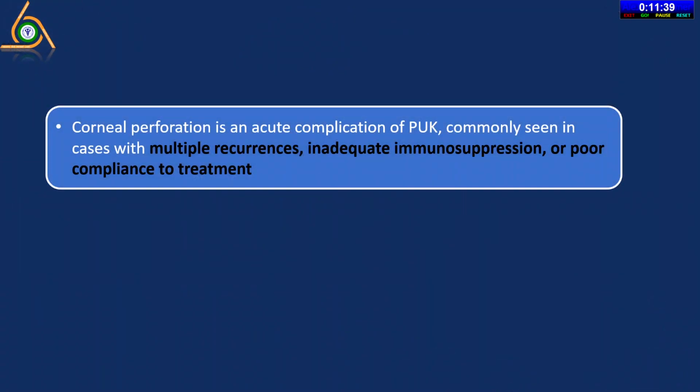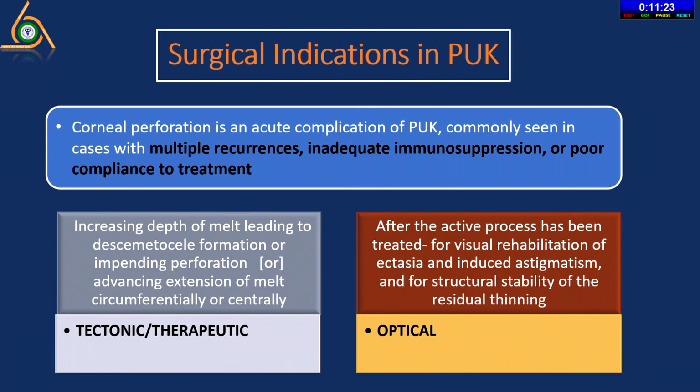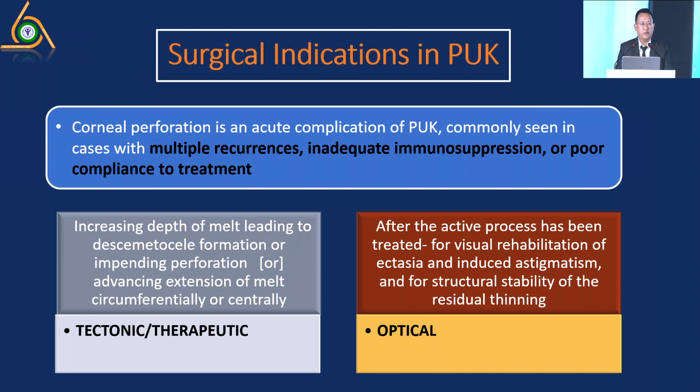Corneal perforation is an acute complication of PUK, commonly seen in cases with multiple recurrences, if you are using inadequate immunosuppression, or if there is poor compliance to the treatment. The indications for surgery in PUK may be tectonic, when there is increasing depth of melt leading to descemetocele formation, or in impending perforation, or when there is advancing extension of melt circumferentially or centrally, or sometimes in the optical region.